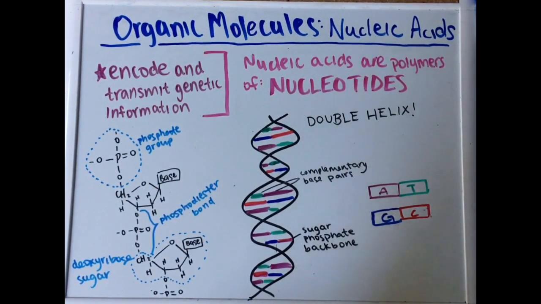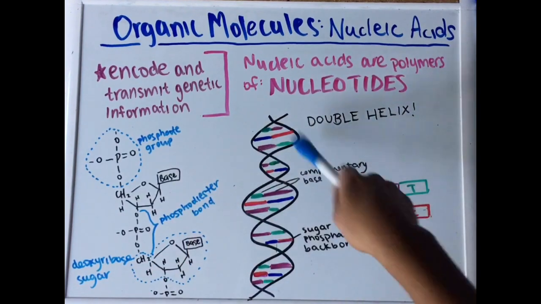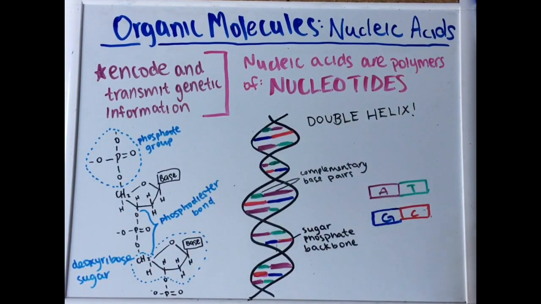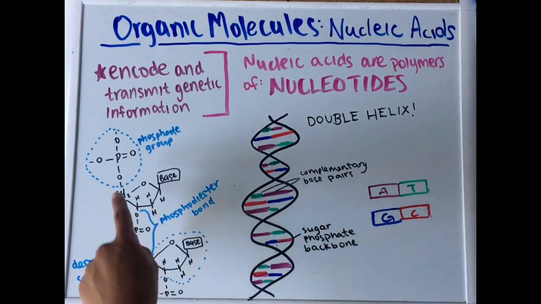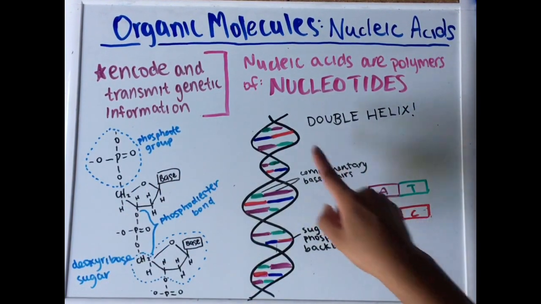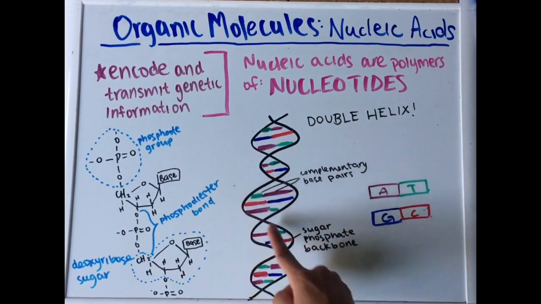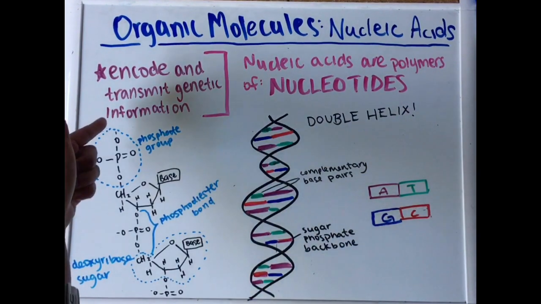So when we have a long sequence of these phosphodiester bonds between nucleotides, we're able to create a double helix. This is when there's two strands of nucleotides around each other, and it's in the form of a double helix, and that's what's commonly found in DNA. And here we have a diagram of that. So there's these two strands. The black long strand, if we just look at one of them, would be this.